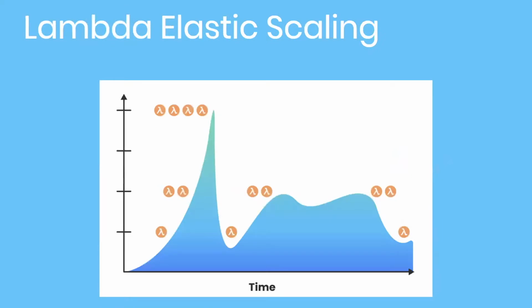So this is what that Lambda scaling looks like with our bursty traffic. Each of these circles represents a container, and you can see that they increase concurrency when requests come up, and they decrease concurrency when they go back down.